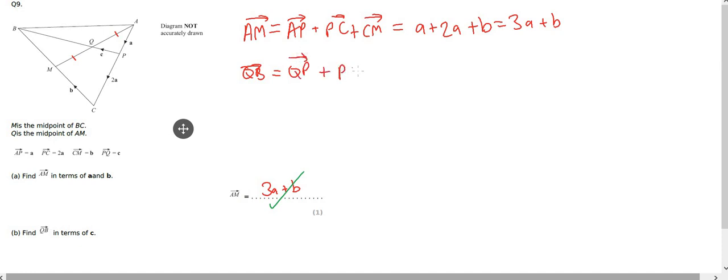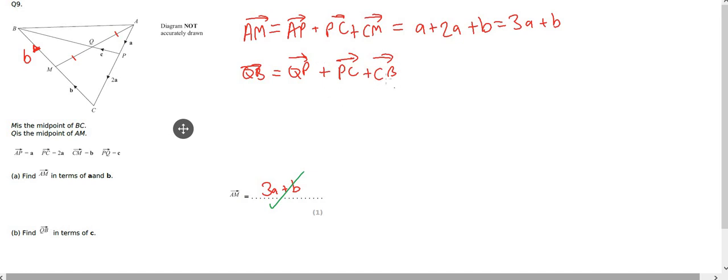And then I can go from P to C, and then from C to B. Now we're told that M is the midpoint of BC. So if CM is b, that means that this side is also b. So that means I can work out CB and I'll have QB.